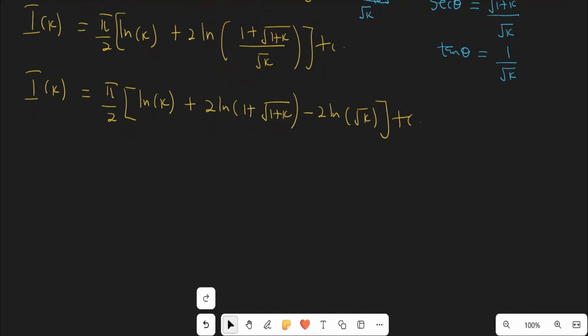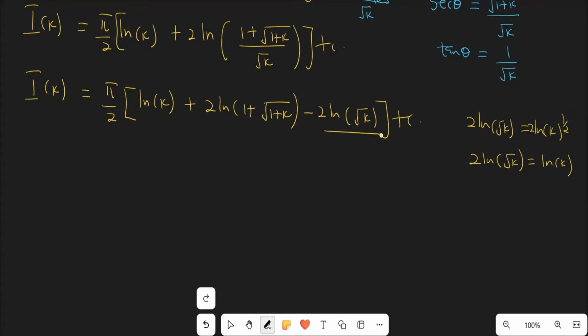And now we see that we have the ln of the square root of k. This is the same as the ln of k raised to the power 1/2. So if you have 2 multiplying that, 2 times the ln of the square root of k is the same as ln of k, because this 2, which is a power, will multiply this 2 in front, right?